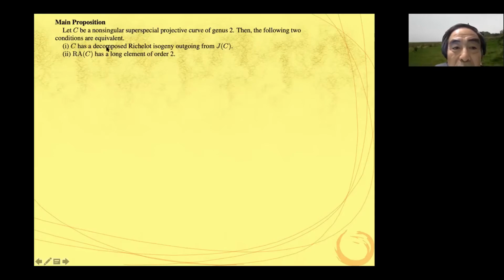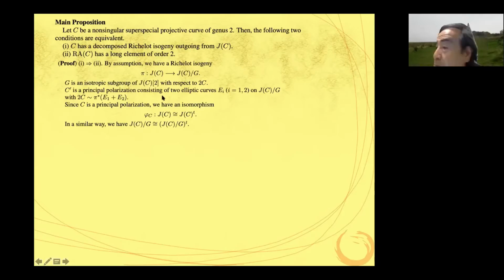C has a decomposed Richelot isogeny outgoing from JC, and this condition is equivalent to the reduced automorphism group having a wrong element of order 2. So by this we see the number of decomposed Richelot isogenies outgoing from JC is equal to the number of wrong elements of order 2. This is our key proposition, key lemma.